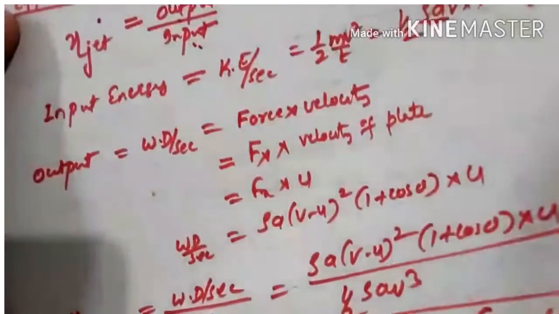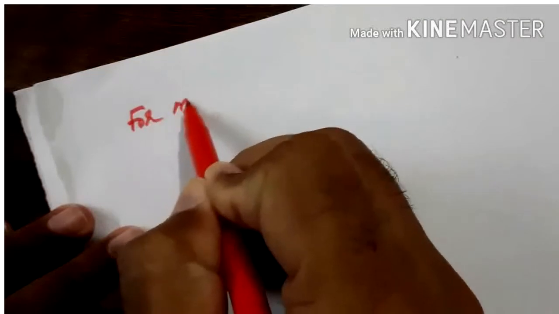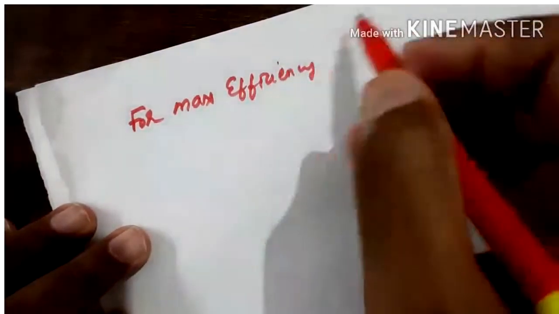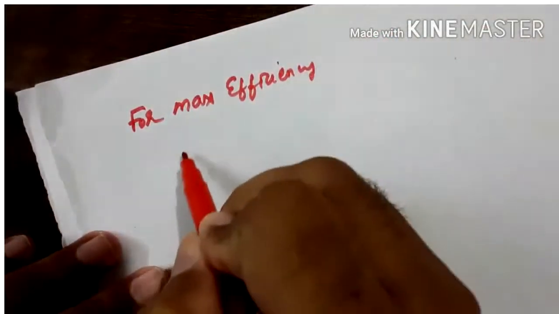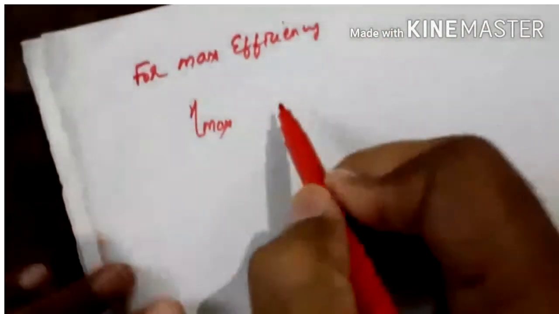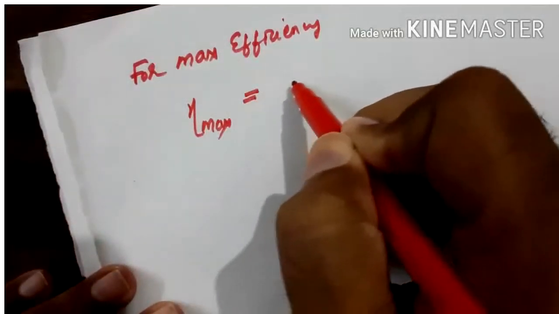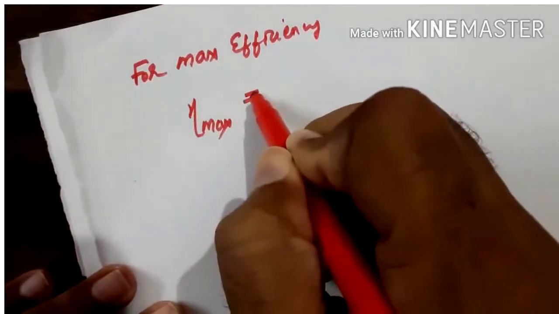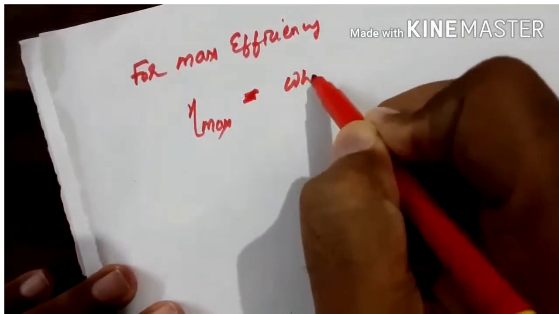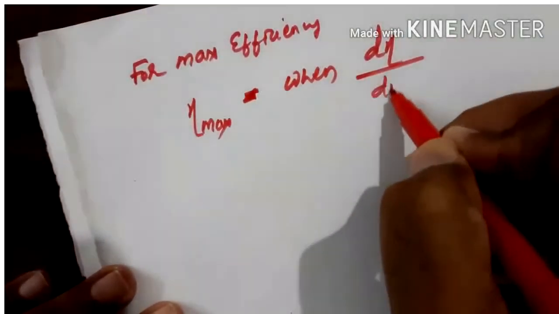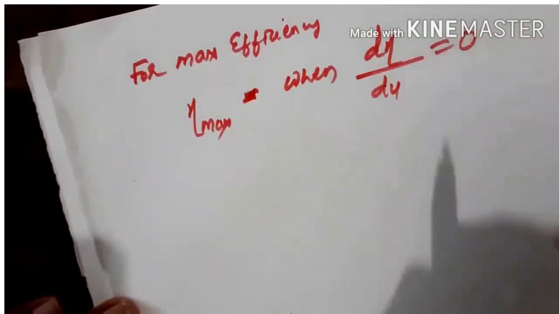Okay, then further simplification: for maximum efficiency, how much is the maximum efficiency? For maximum efficiency, that is eta max, we get eta max when the differentiation of efficiency with respect to the velocity of the plate will be 0.